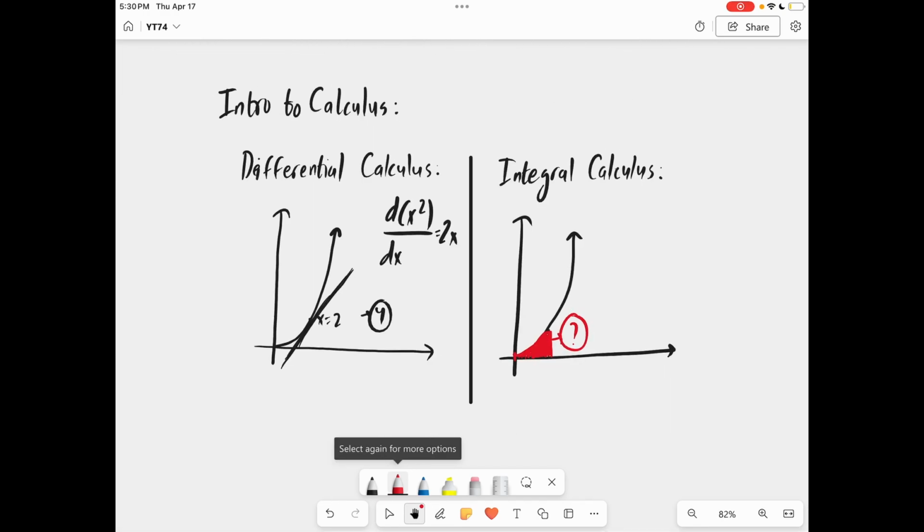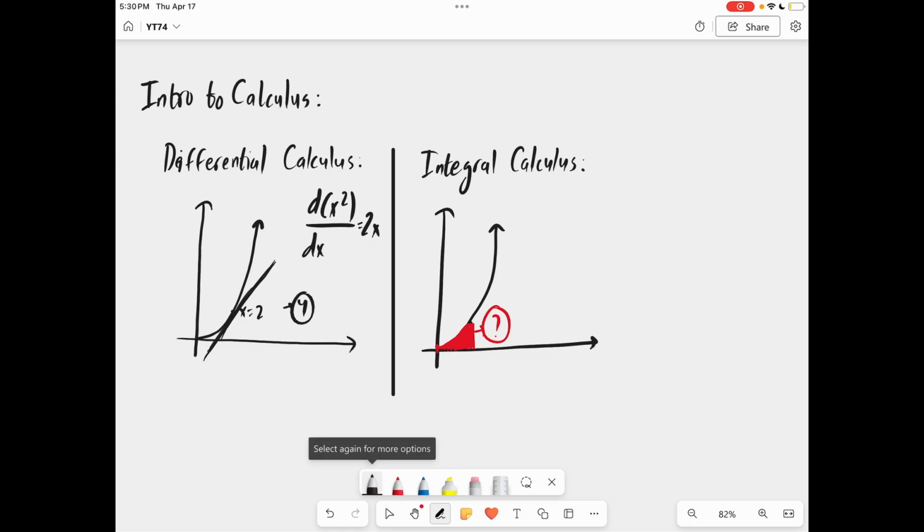Now, this is called the definite integral. Now, the definite integral is represented with this weird S-like symbol, the lower limit, which in this case would be 0, and the higher limit, which in this case would be 2. So, then we have the function x squared followed by dx.